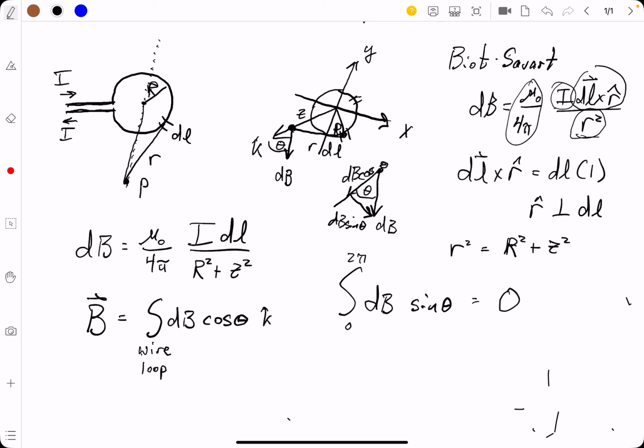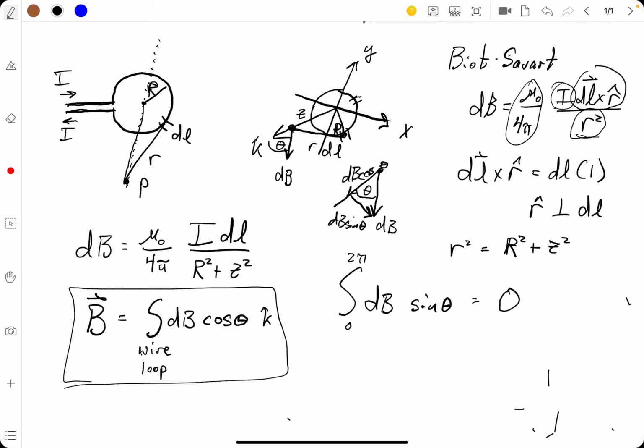The only thing that's going to contribute is dB cosine theta. So this integral on one side is going to equal our B.